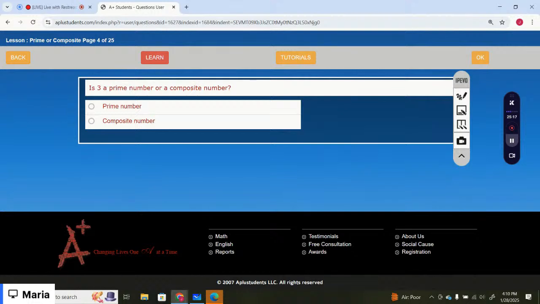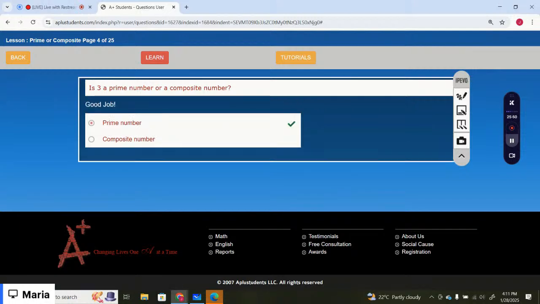Is 3 a prime number or composite number? Prime number it is. 3 is a prime number.